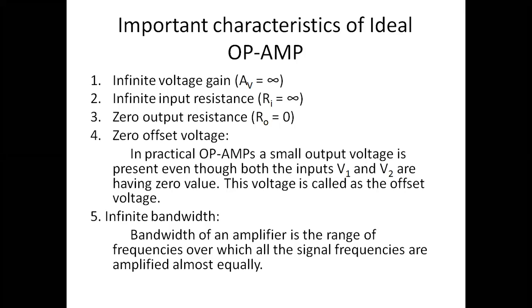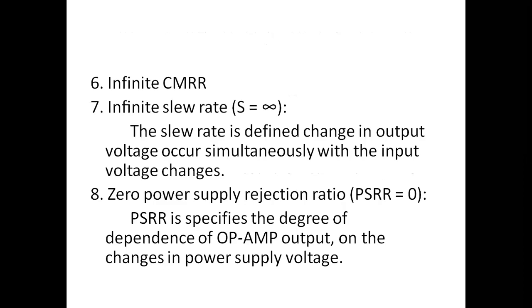Bandwidth is the range of frequency over which all signal frequencies are amplified almost equally. You will require infinite bandwidth for the ideal op-amp. Again, CMRR is the ratio of differential gain with respect to common mode gain, so you will require infinite CMRR.